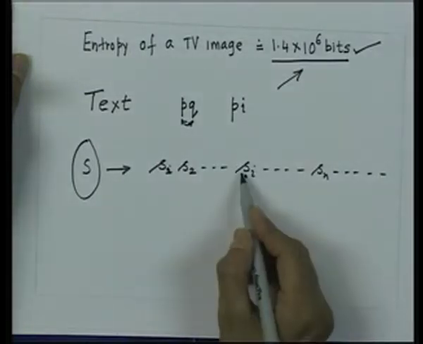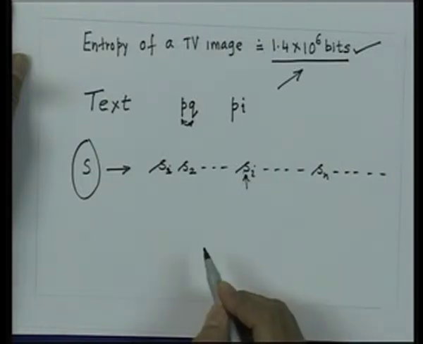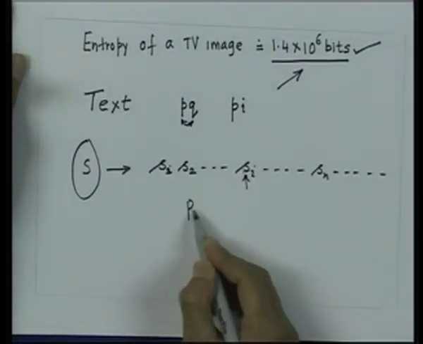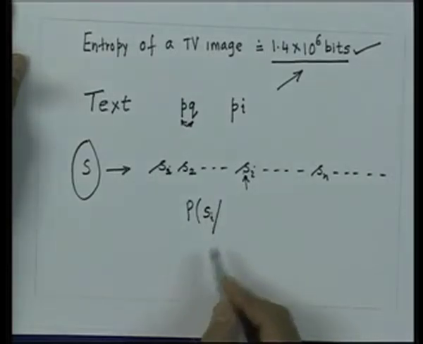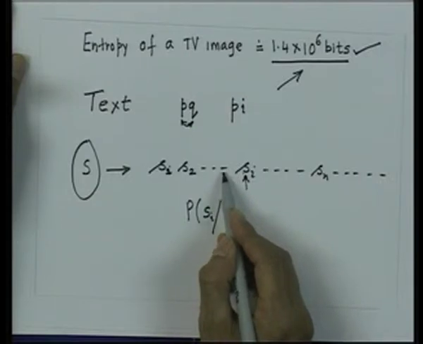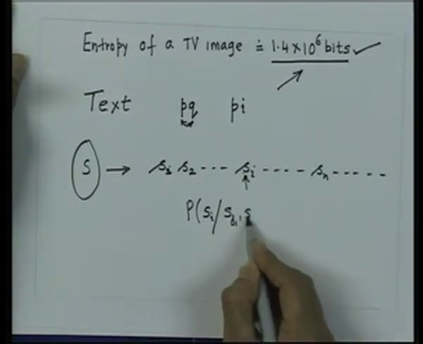So, let us take a simple case where the probability of occurrence of a particular symbol at this instant, say Si, is dependent upon the occurrence of the previous symbols.